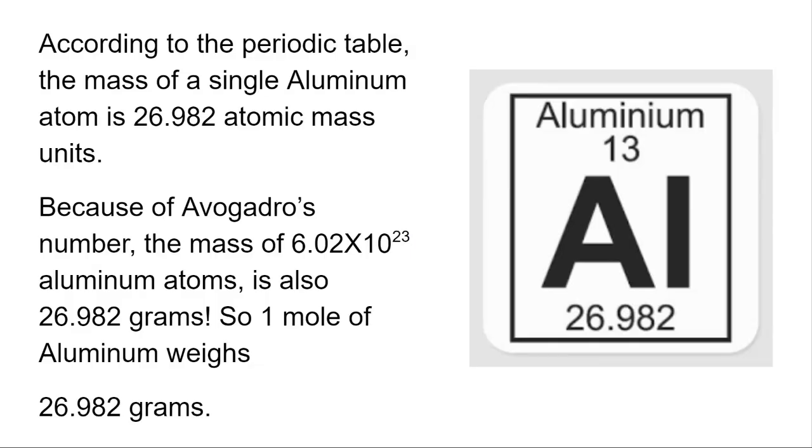That new periodic table has a setup that's a little bit more like this, and it is probably the masses that we're going to be using to do these calculations.